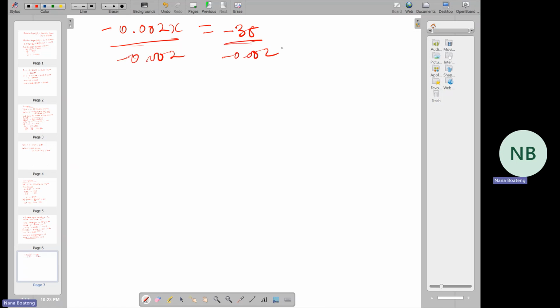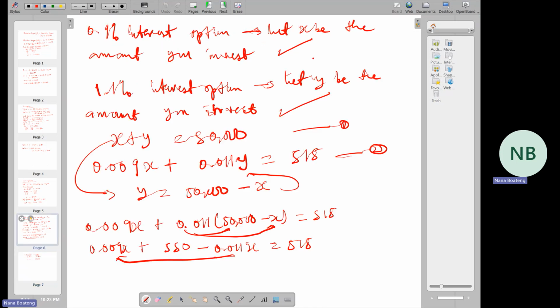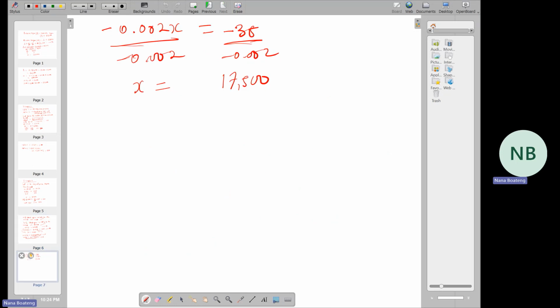then we get x is equal to 17,500. And we know that x is the amount you invested in the 0.9% account. So the amount we invested in the 0.9% account is 17,500. And we know that y is equal to 50,000 minus x.